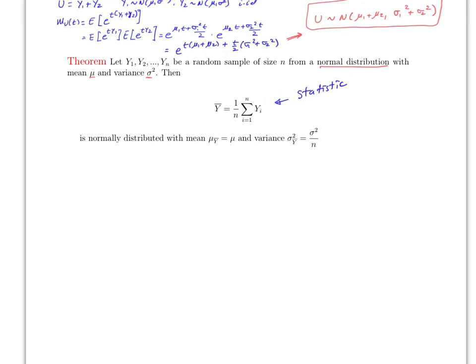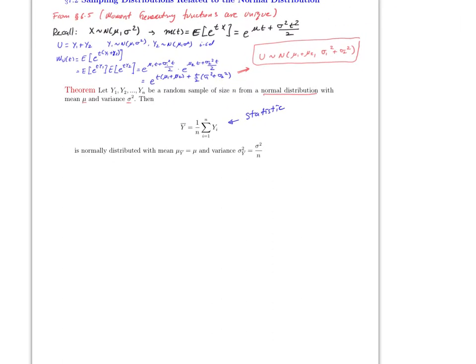Now, using this fact right here, that if you add a bunch of normals, the distribution is still normal, it's very easy to show this. So for example, the expected value of y bar, which by definition we call mu y bar, is 1 over n times the expected value of y1 all the way to yn, which equals 1 over n.